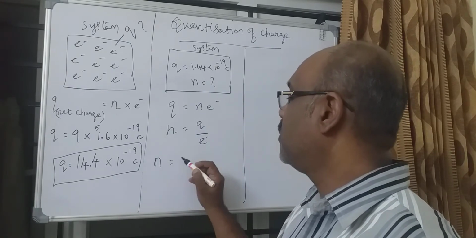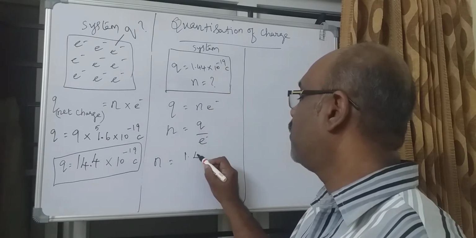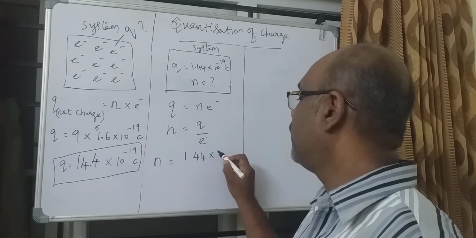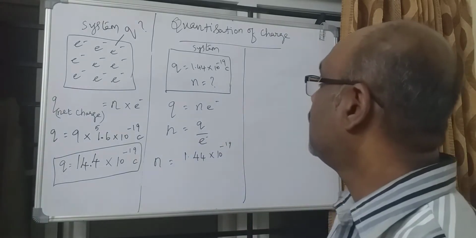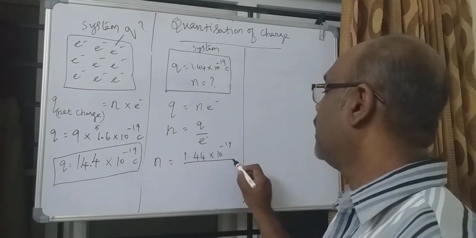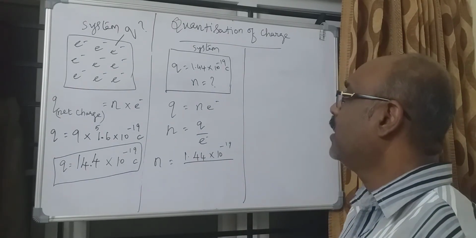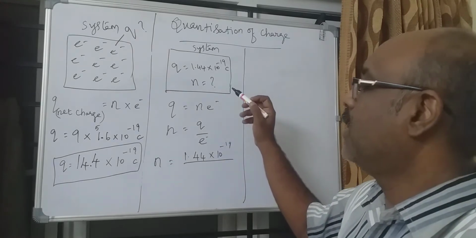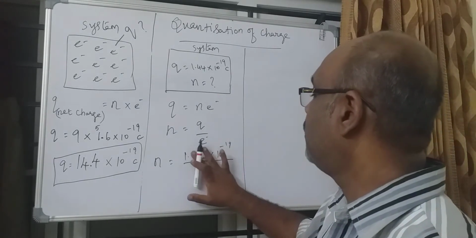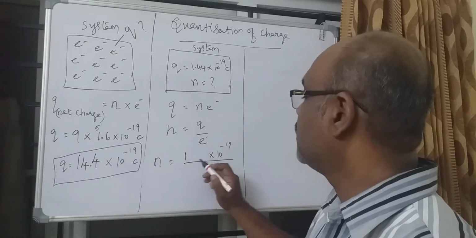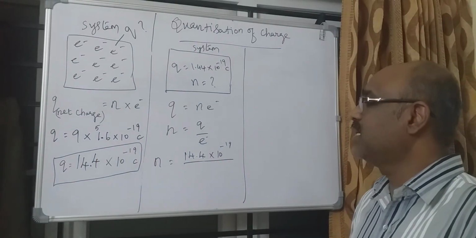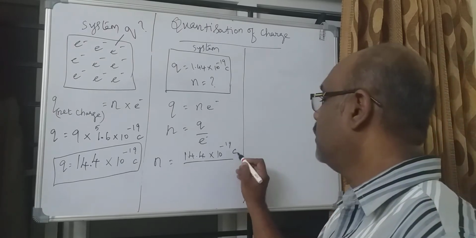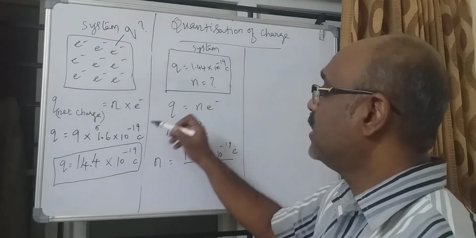Therefore, n is equal to, we know q is equal to, sorry, it is 14.4 into 10 to the power of minus 19 coulomb divided by the charge of the electron.